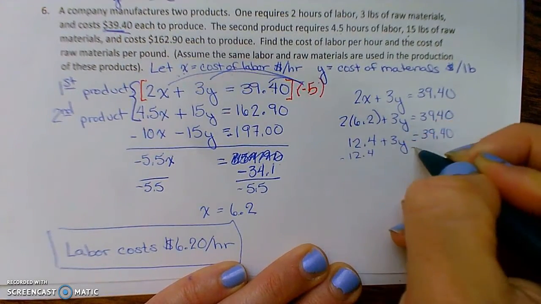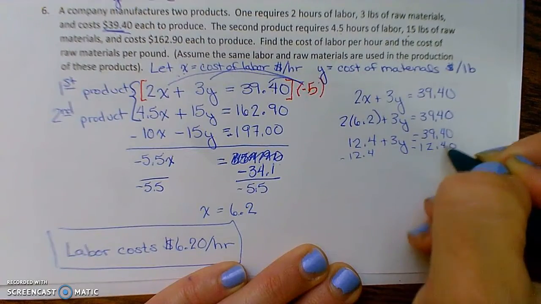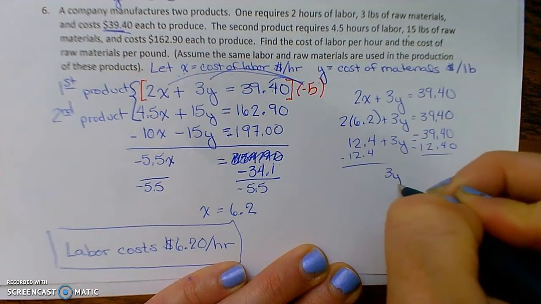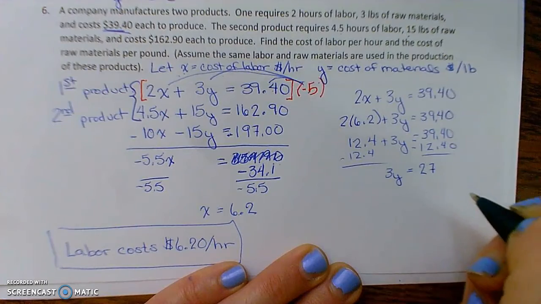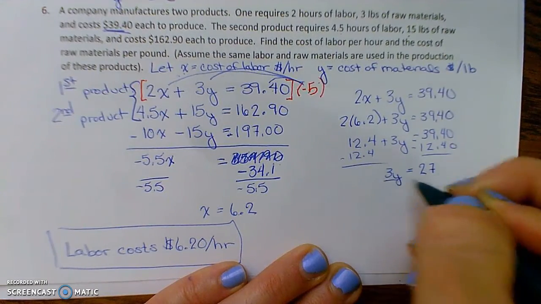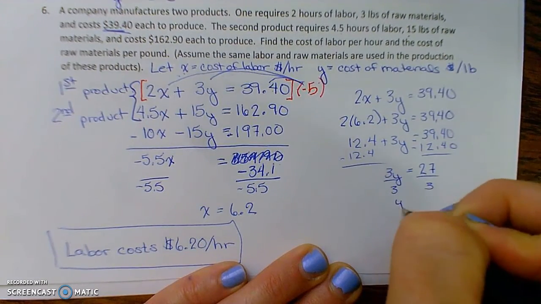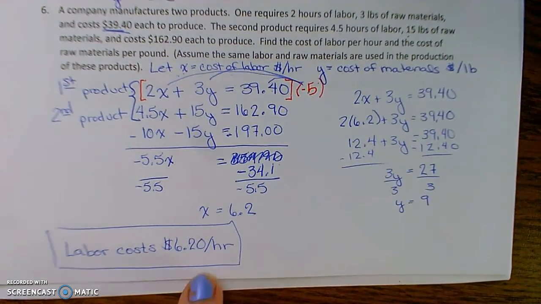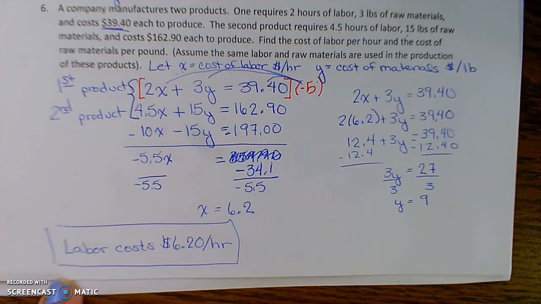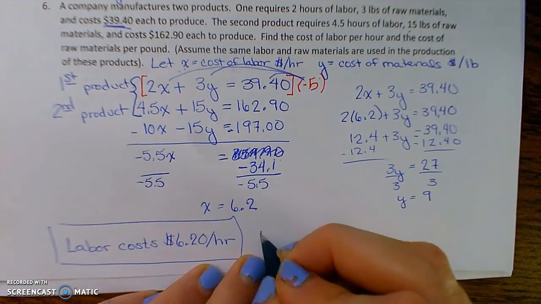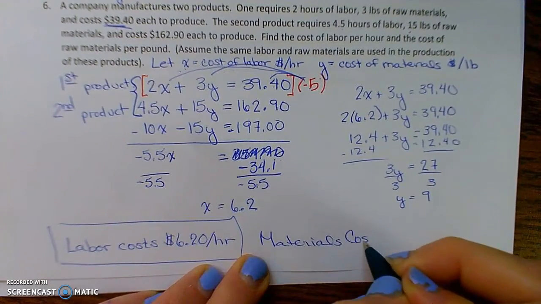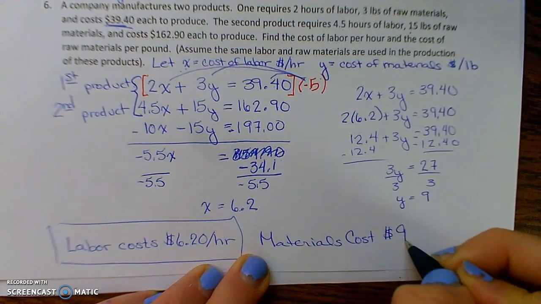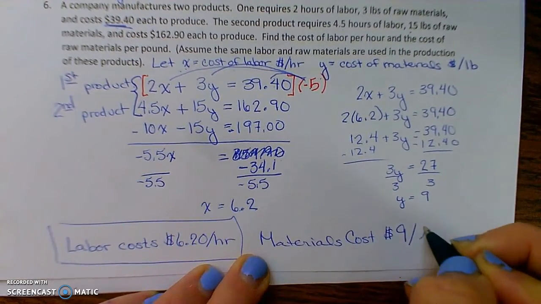Subtract 12.4 from both sides. We get 3y equals 27. Divide both sides by 3. Y equals 9. So labor costs $6.20 an hour, and materials cost $9 per pound.